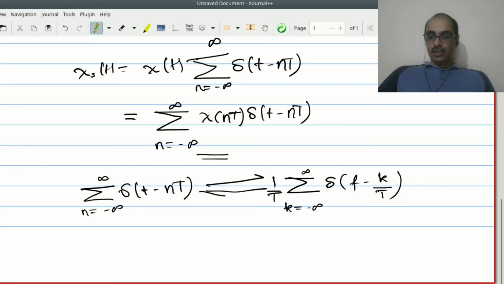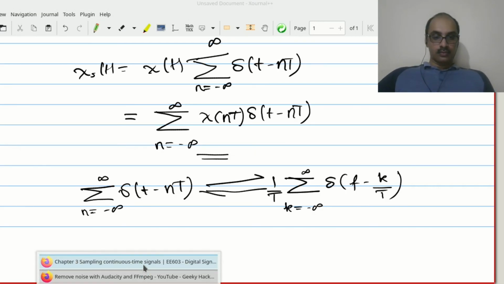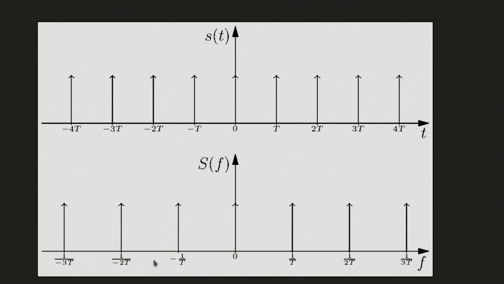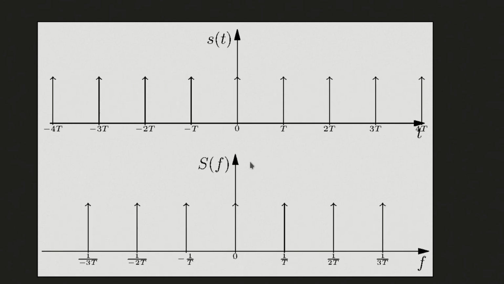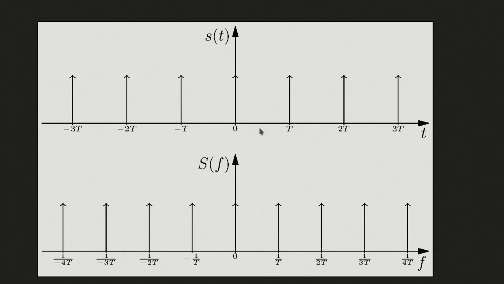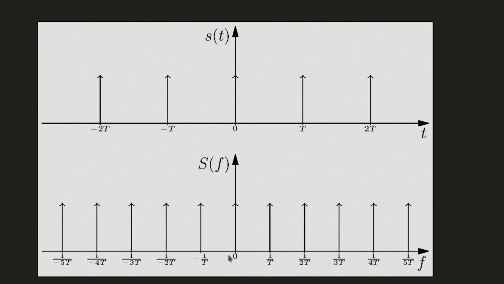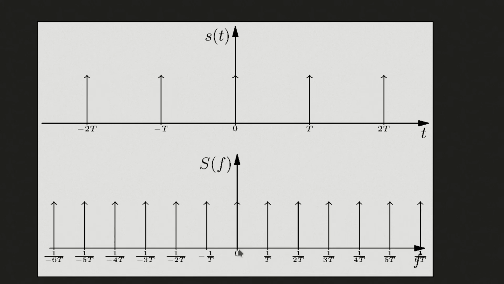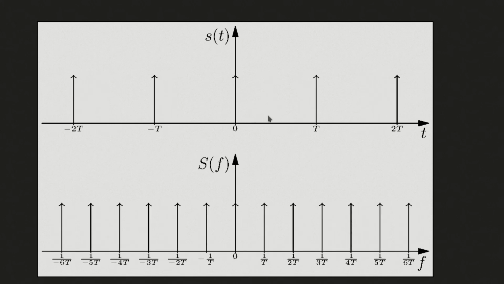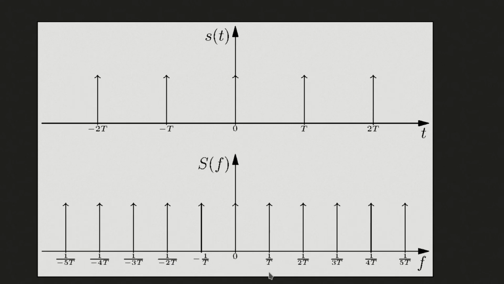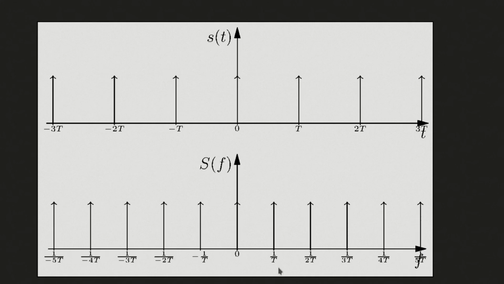What is the implication of this? This example will make it clear. If you space the impulses further and further out in the time domain, they become closer and closer in the frequency domain. Similarly, if you space them closer in the time domain, the impulses spread further and further apart in the frequency domain.